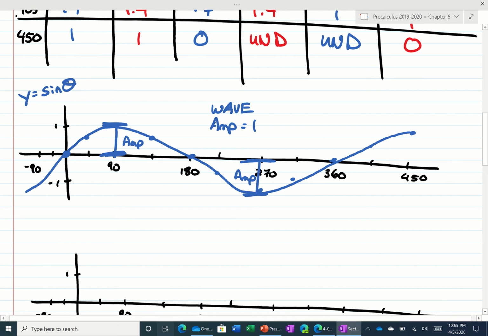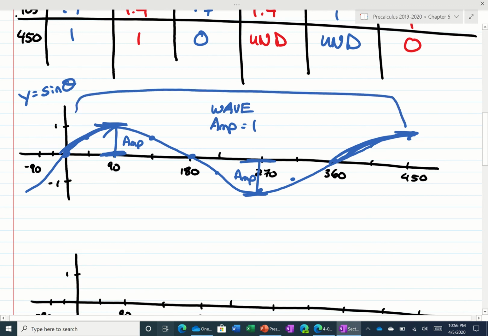I mean, look right here. It goes 0 and it goes up to 1. The next time it does that is right here at 360. And it goes up to 1. Every time it repeats from here to here, that's called period. Period means how often a graph repeats. And it looks like for sine, that period would be 360.